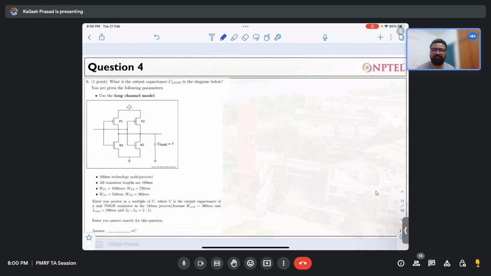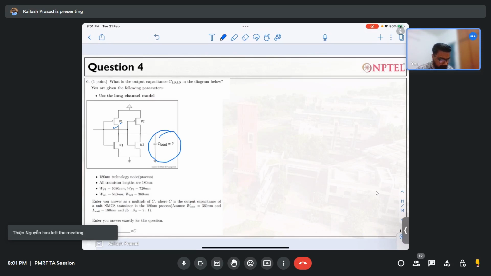Again, a simple question. This is an inverter which is connected like this. You just have to tell me what will be the C load, the output capacitance. You see that WP1, WP2, WN1, WN2 are given.